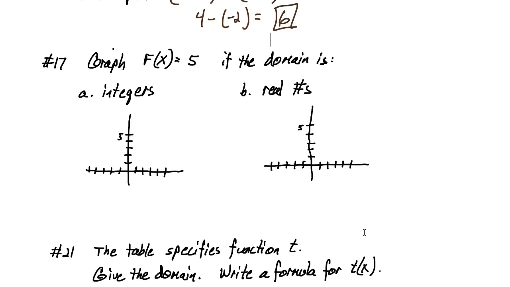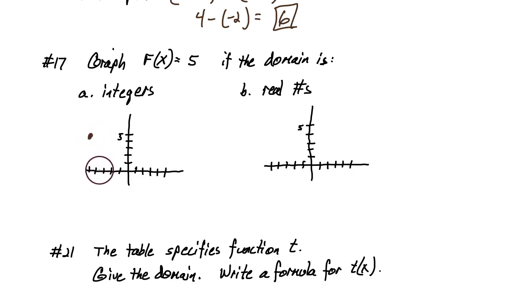In number 17, we're asked to graph something. The function rule is f of x equals 5. f of x is always the constant 5, no matter what x is. We're asked to graph it twice. First, if we use only integers for x. When x is the integer negative 5, function f equals 5. So negative 5 comma 5 is a dot up here.